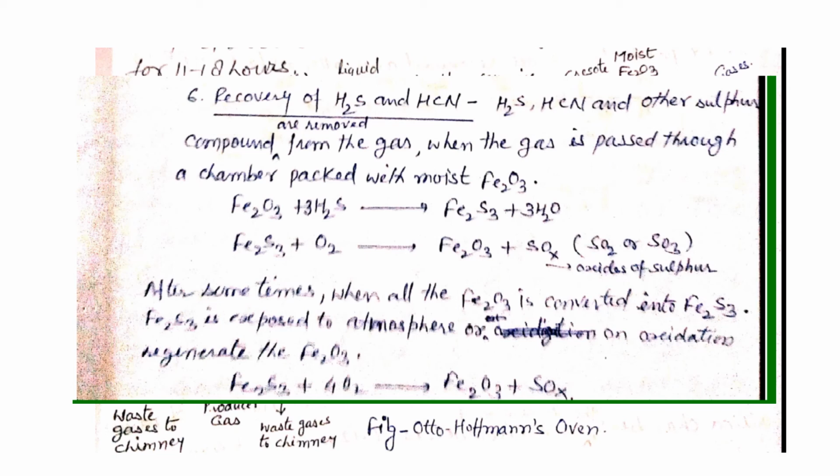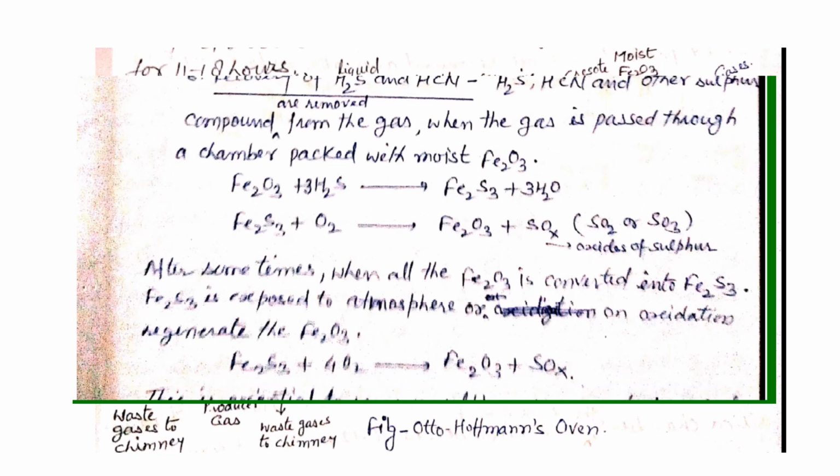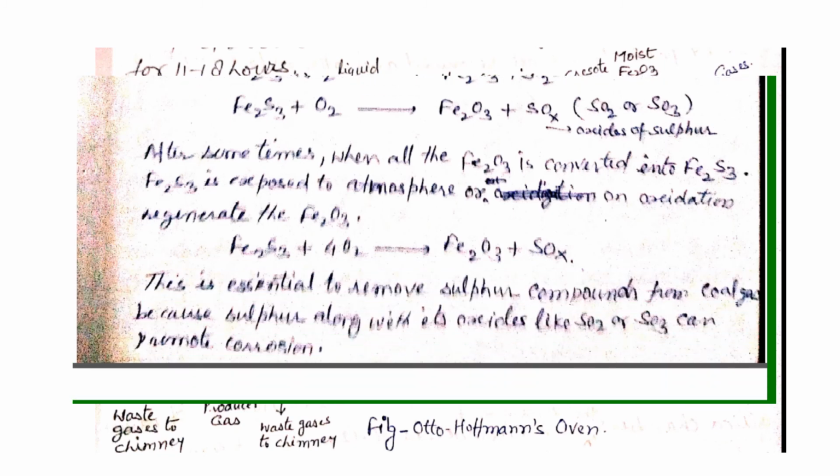This Fe2S3 we take out from the chamber and oxidize by using a strong oxidizing agent. Then it gives Fe2O3 plus oxides of sulfur. After some time, when all the Fe2O3 is converted into Fe2S3, the Fe2S3 is exposed to the atmosphere, and on oxidation it regenerates the Fe2O3.